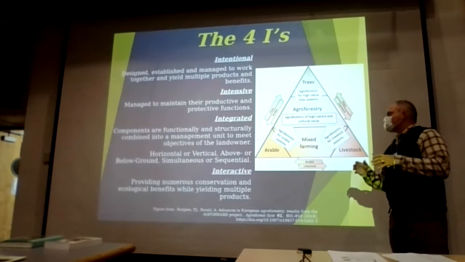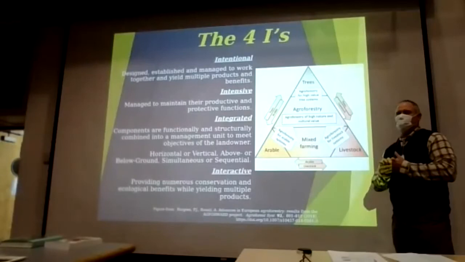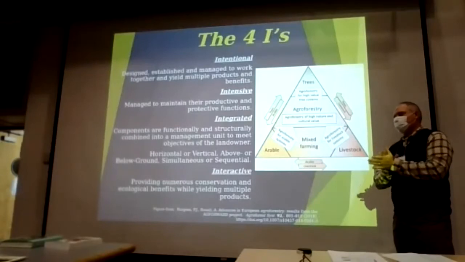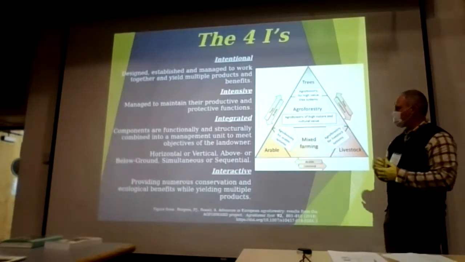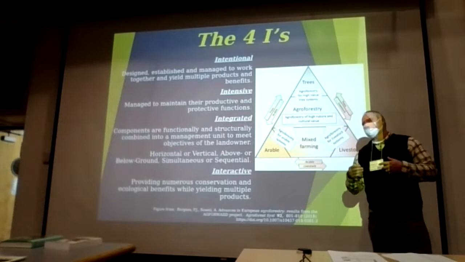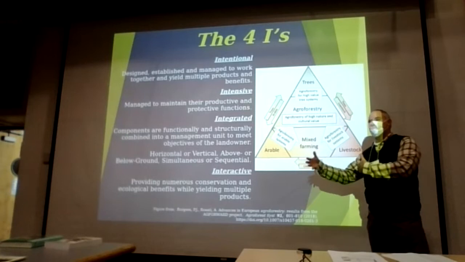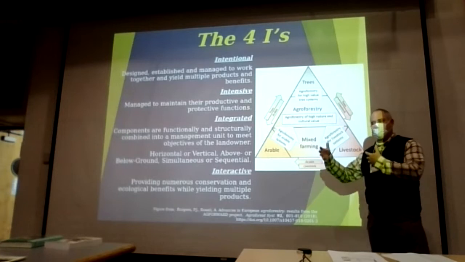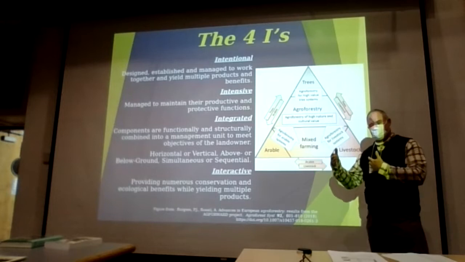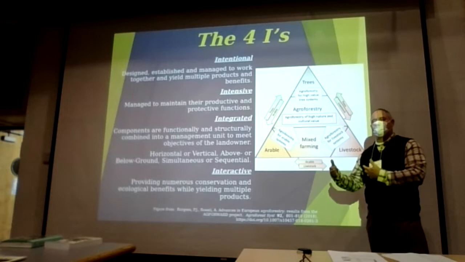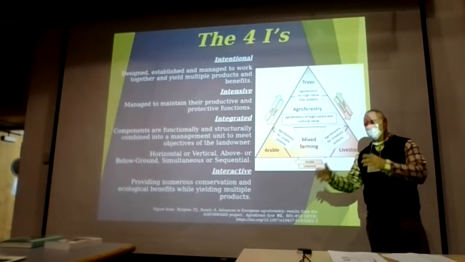I don't want to go into great detail here, but I do want to talk about one thing I see on the ground with the criteria that is sometimes difficult for some folks to wrap their heads around. And that's the interactive piece. The interactive piece is difficult on many levels, because you're moving from a mono crop, say, or a specific objective on the farm where you're growing a specific food product or animal product, and now you're adding this perennial system into that.